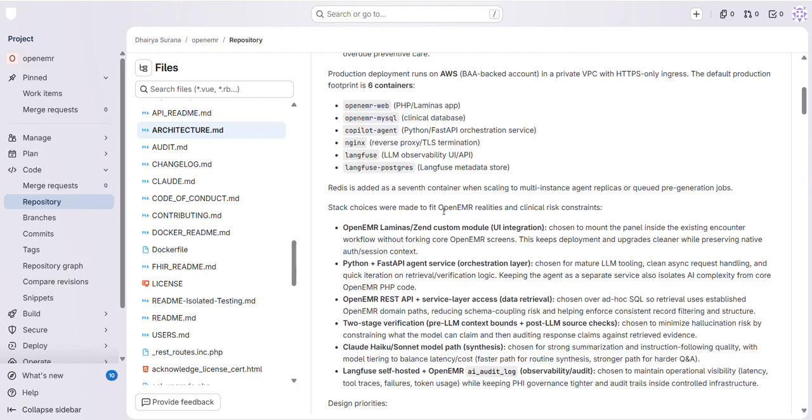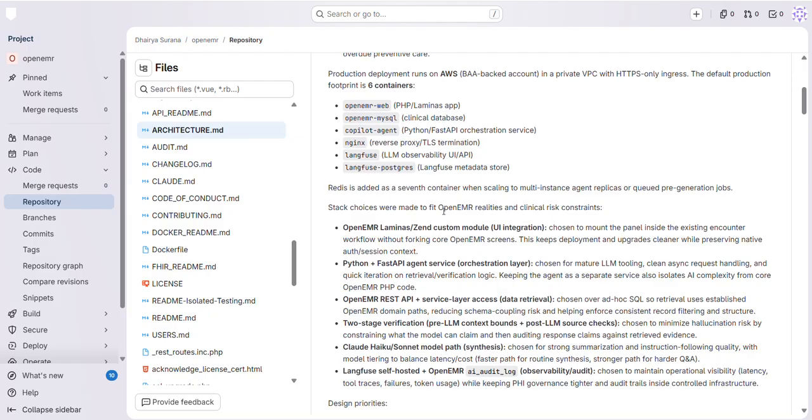However, that isn't necessary because OpenEMR does provide their own paths or their own functions to interact with their database. So that improves the consistency and maintainability of the app. I don't believe there's a trade-off to this. I think it's just better to stick with what the existing code includes.